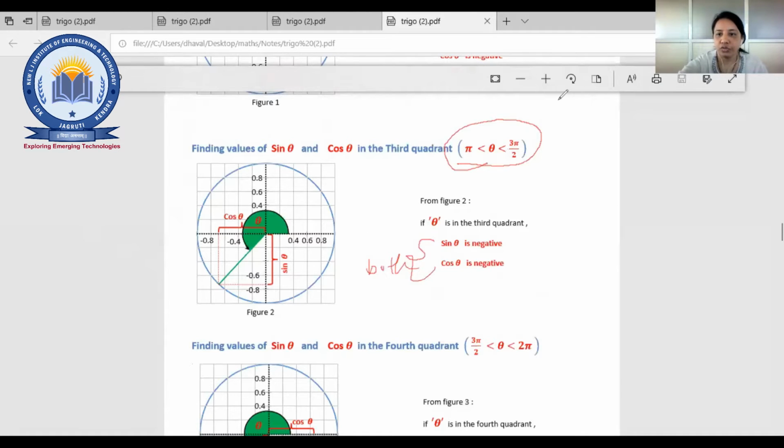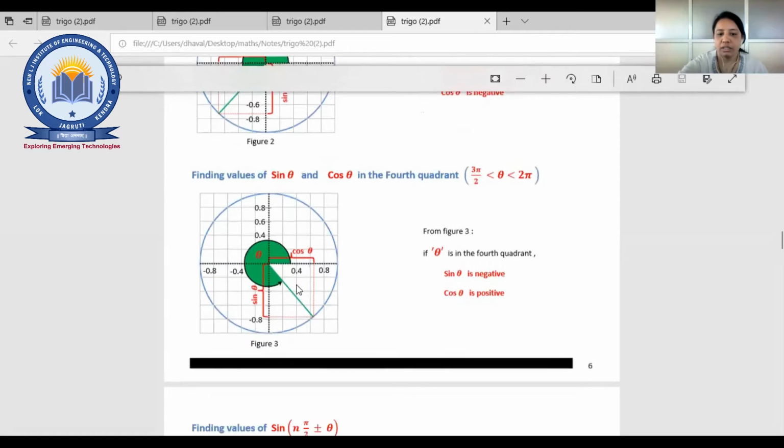Fine. The next one will be the fourth quadrant, right? So obviously the value of theta is between 3 pi by 2 less than theta less than 2 pi. Fine. So if theta is in the fourth quadrant, sine theta will be on the negative y-axis, and cos theta on the positive side.